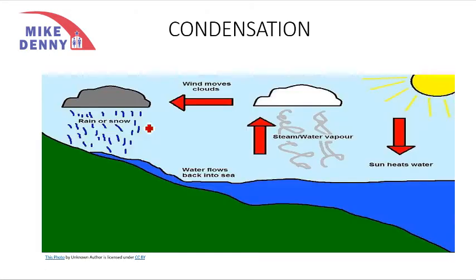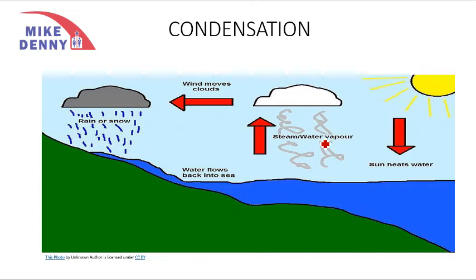Now, talking about condensation, which is the core of our study today, as you can see from this diagram, this is the atmosphere where condensation takes place. Condensation takes place in the atmosphere due to the rising of water vapor. As water vapor leaves the water and also leaves the land surface, it goes up to the atmosphere.